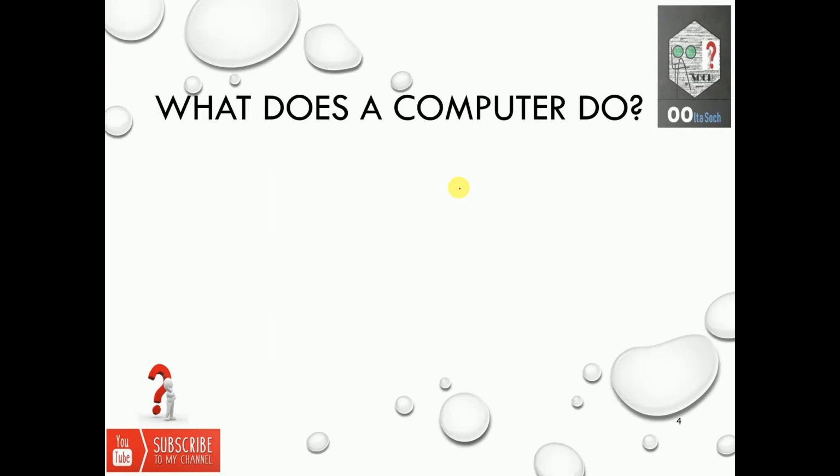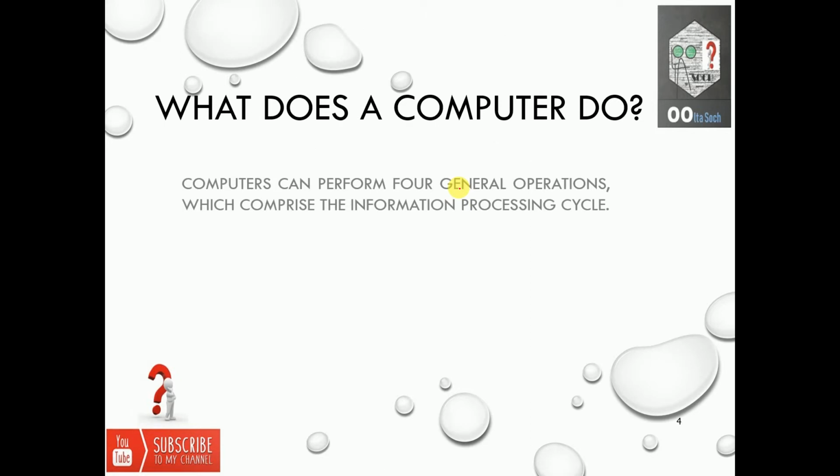Next, what does a computer do? Friends, the entire computer system can perform our general operation which comprises the information processing cycle. We need to understand this, the information processing cycle.